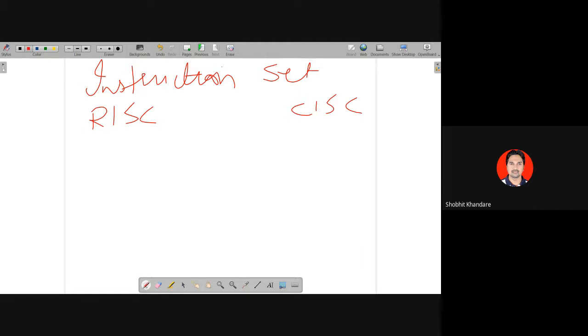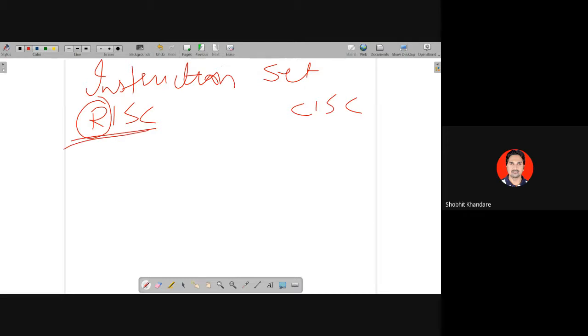We can classify a microcontroller depending upon the instruction set as RISC based or CISC based. Here we will talk about RISC first, then we will see CISC.